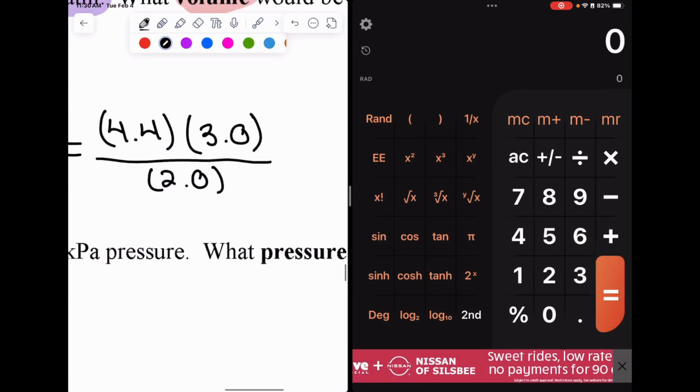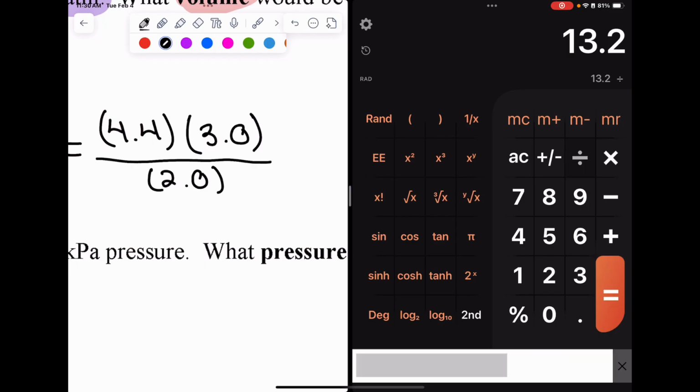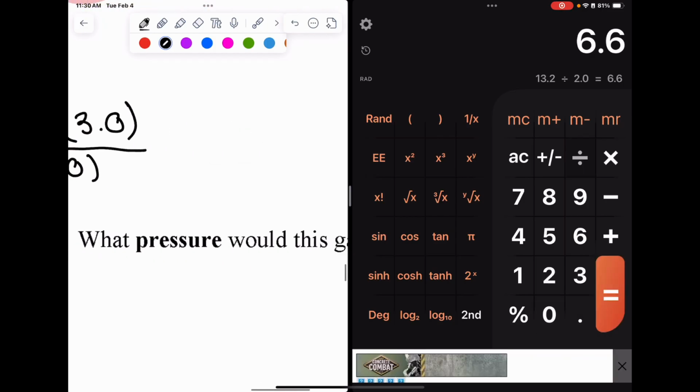All right, so let's go ahead and type this in. 4.4 times 3.0 divided by 2.0. And this gives us a total of 6.6. And we're looking for volume, so liters. And that is your answer.